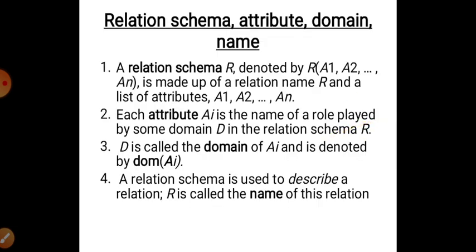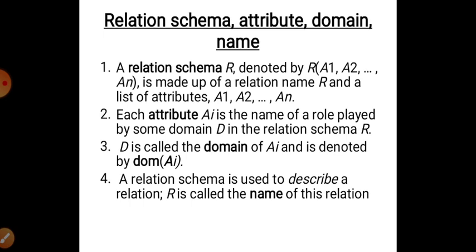Next topic, relation schema, attribute, domain name. Point number 1. A relation schema R, denoted by R(A1, A2, up to An), is made up of the relation name R and the list of attributes A1, A2 up to An.